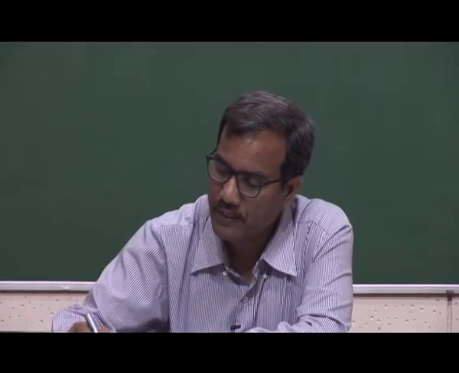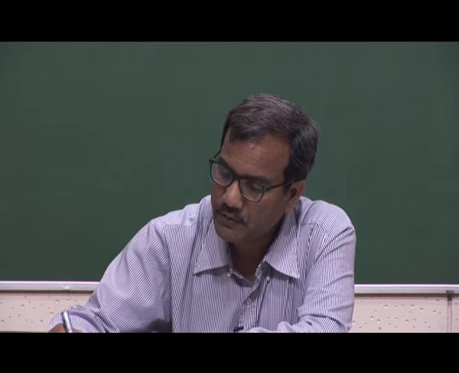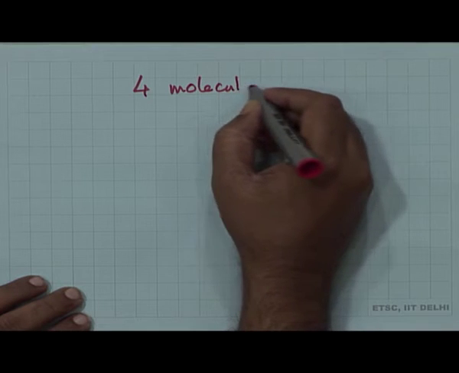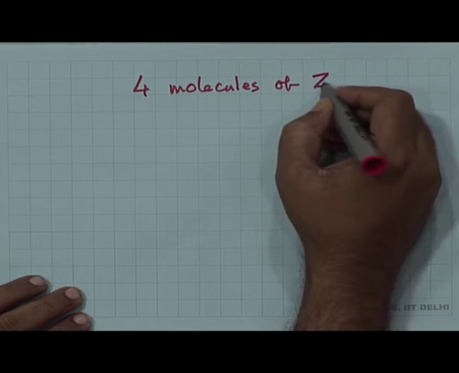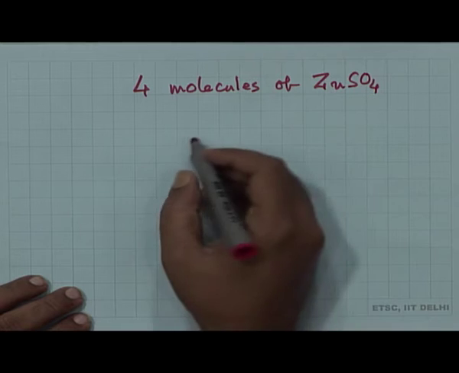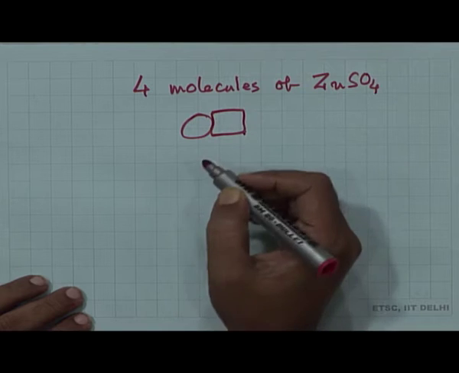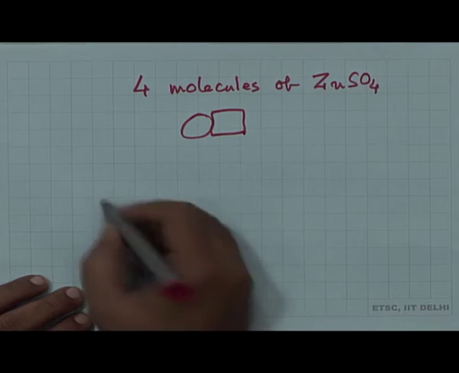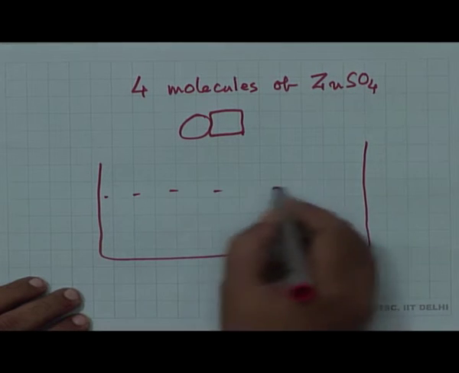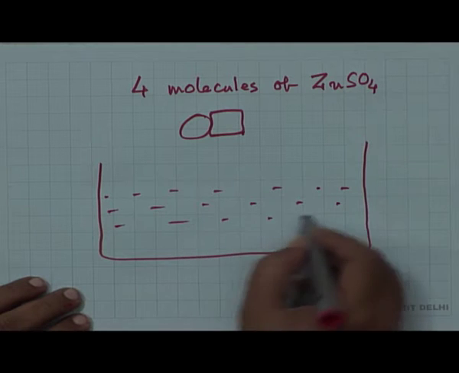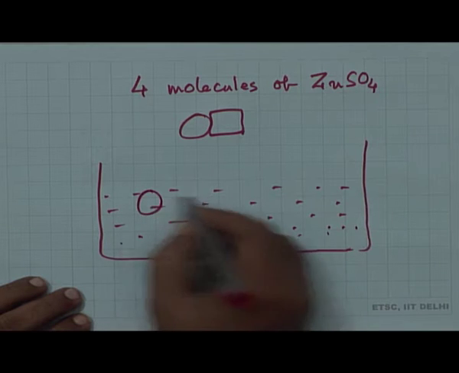For example, if I take 4 molecules of zinc sulphate, which is a strong electrolyte, with zinc and sulphate ion, and put them into a beaker with water, almost all will dissociate.